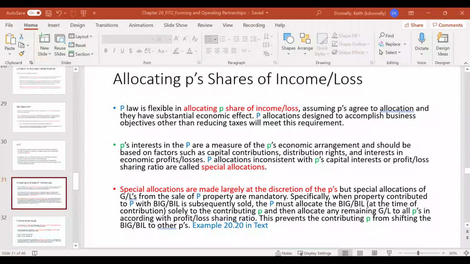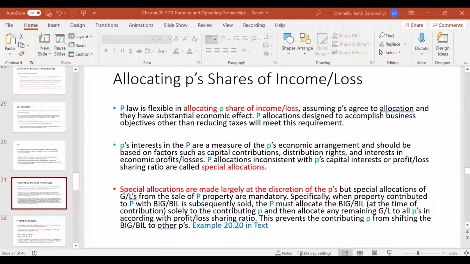Whenever a partner contributes built-in gain property to the partnership, if and when the partnership sells that property and realizes the built-in gain, the initial amount of the gain that was there when the partner contributed the property immediately has to be recognized by that partner. In other words, you can't just specially allocate the gain. The first part of it has to go to the partner who contributed it, and they recognize the amount of gain that was there at the time of contribution.